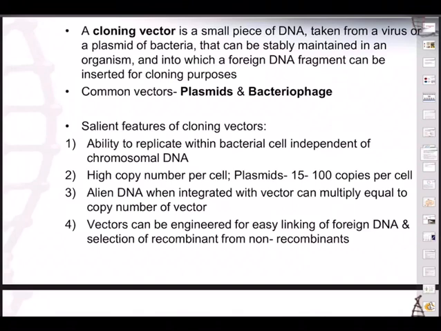So out of these, as I said, plasmids are extra-chromosomal, self-replicating, circular, double-stranded DNA molecules found naturally in many bacteria and also in some yeast. That's how we pick up the bacteria and viruses.